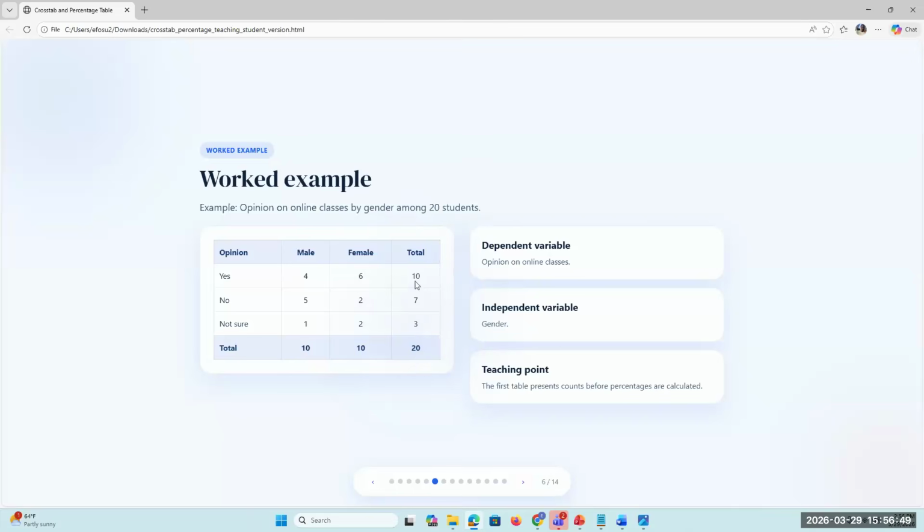You may end up taking what is here as your column total. Do you get what I'm trying to say? So when I am drawing a crosstab table, I just do up to this side and I take this total out.